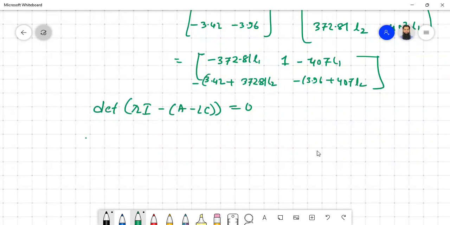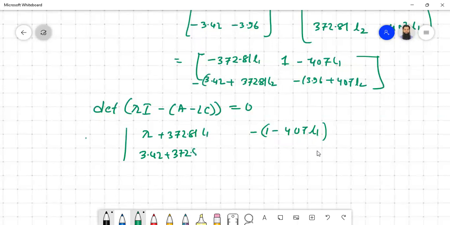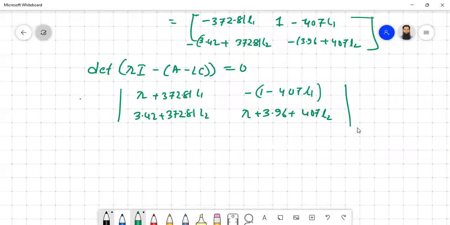So you have to find the determinant of lambda plus 372.81 L1, minus 1 minus 407 L1, and then you have 3.42 plus 372.81 L2, lambda plus 3.96 plus 407 L2. Okay, so cross multiply, simplify.